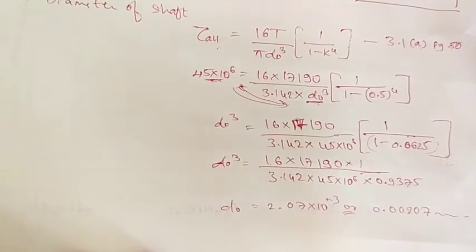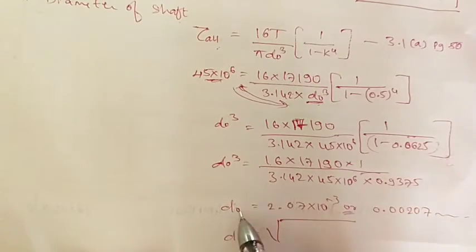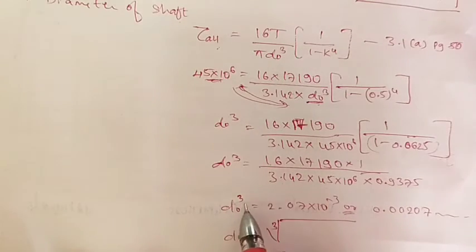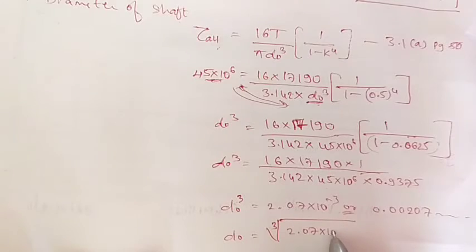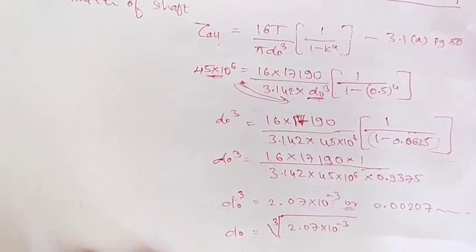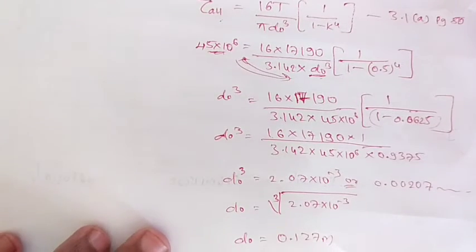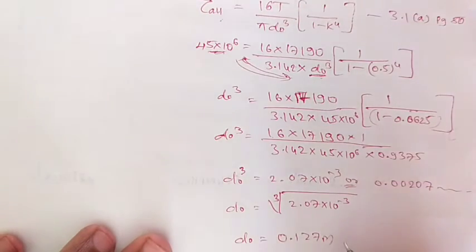Okay, so after getting this, you take d naught equal to the cube root, since d cubed is there. If d squared is there, square root; d cubed, the cube root. So when you take this value, d naught you will get 0.127. You get it in meters, but I want it in millimeters, so multiply by 1000.